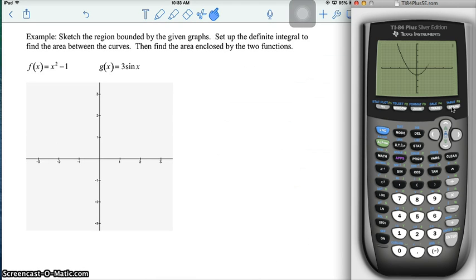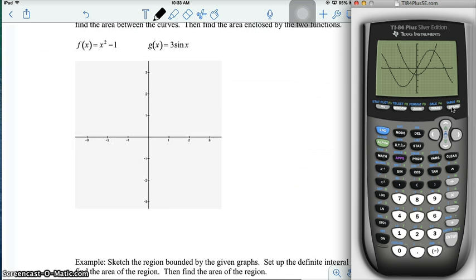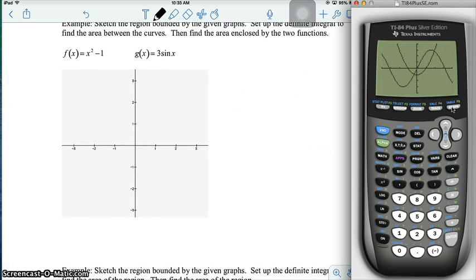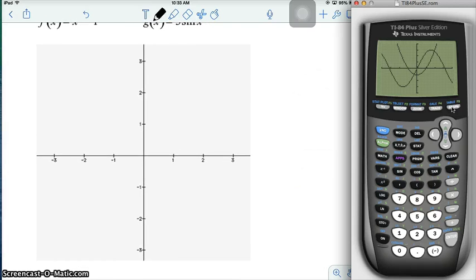So you can see we have a parabola, and we also have a sine graph right here. Because sine is a periodic function, we're gonna go ahead and sketch this, matching the one on the right hand side.